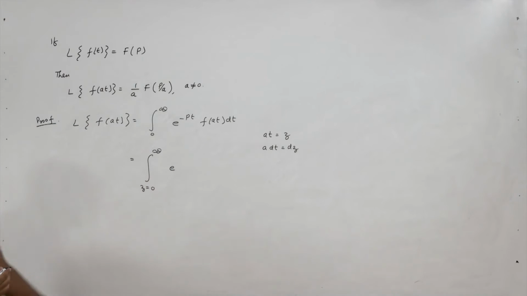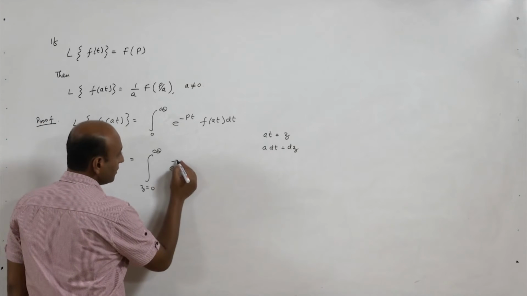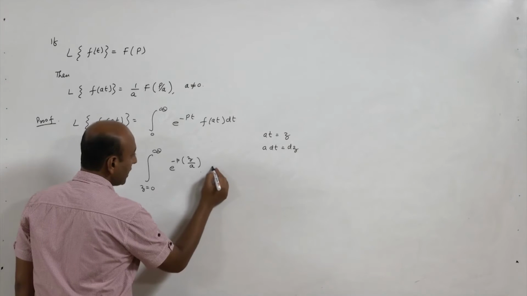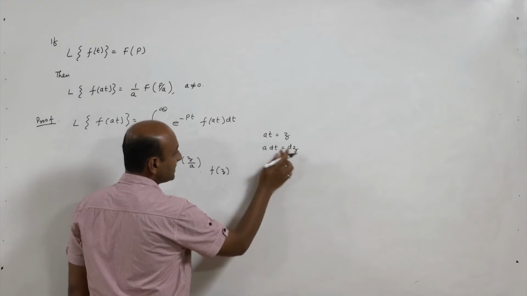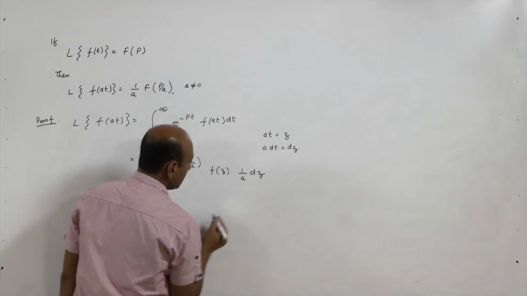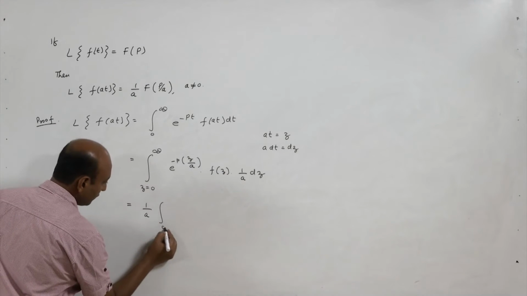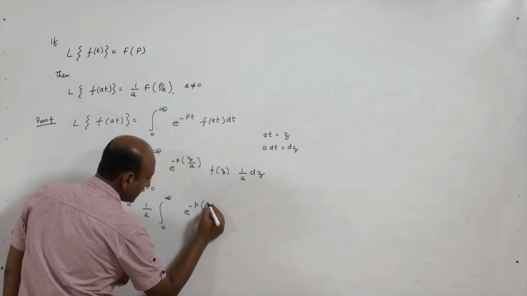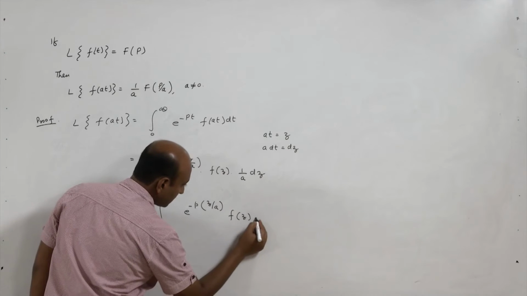Now, t is nothing but z/a, so the exponent is -p z/a, into f(z), and dt is nothing but dz/a. So, this quantity is nothing but 1/a times the integral from 0 to infinity of e^(-pz/a) f(z) dz.